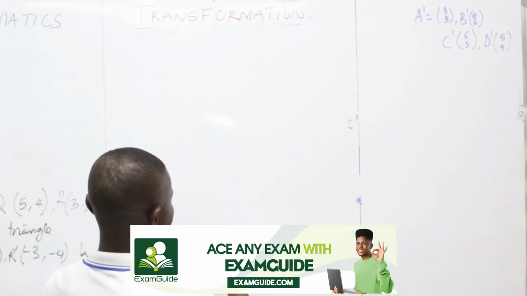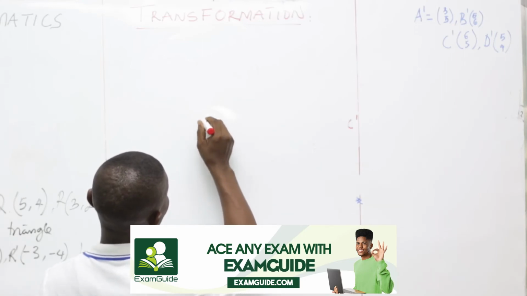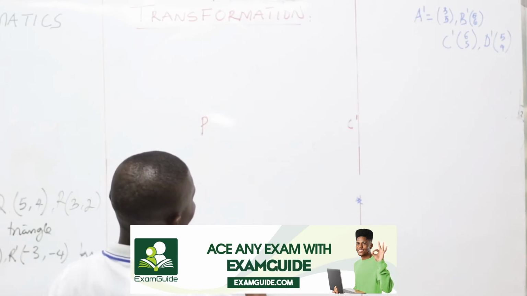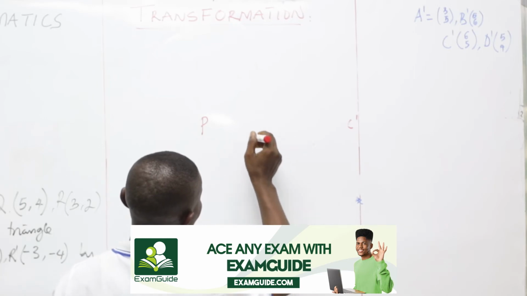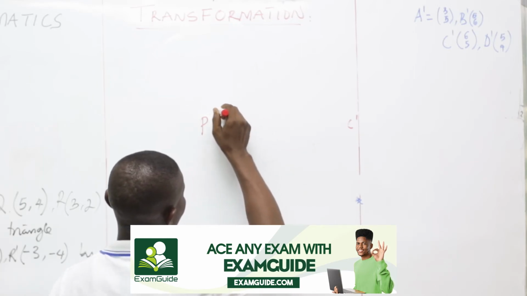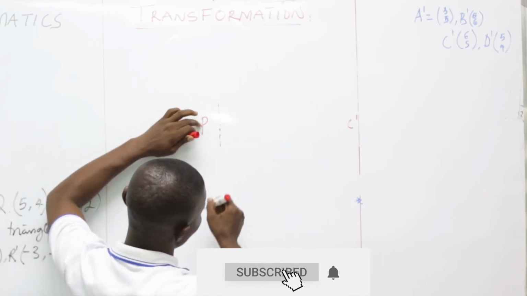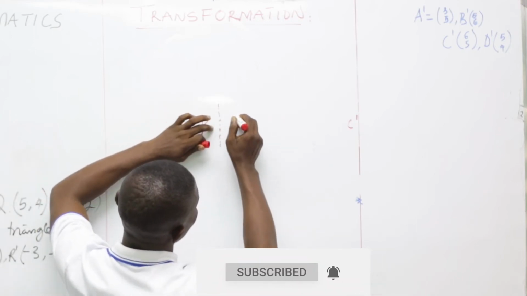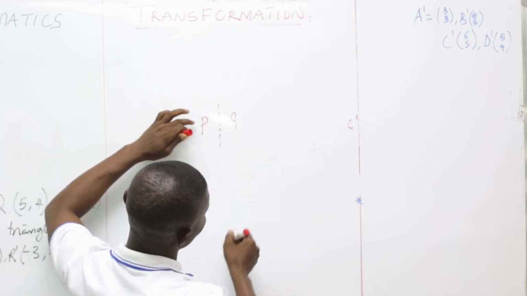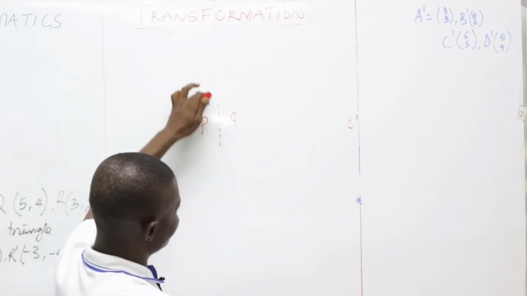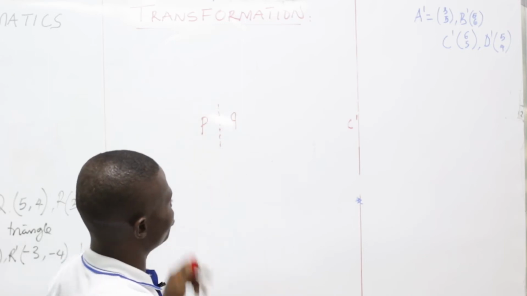Look at what I mean by line of a mirror. If you have a mirror here, this is object P. It is a mirror, somebody standing here, and the object is here. Can you see the mirror? This is the line, called line of symmetry.